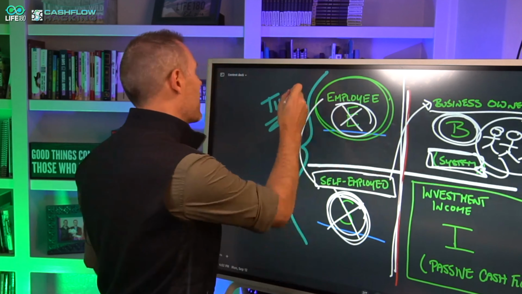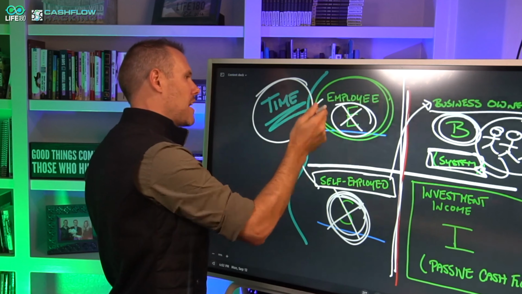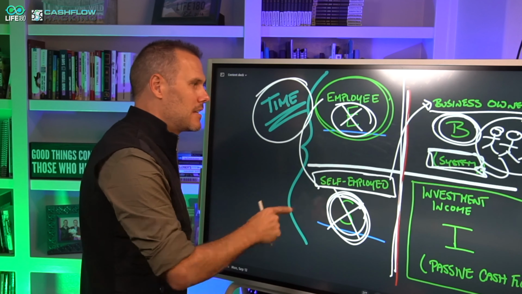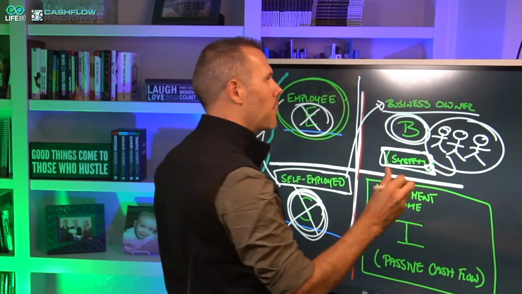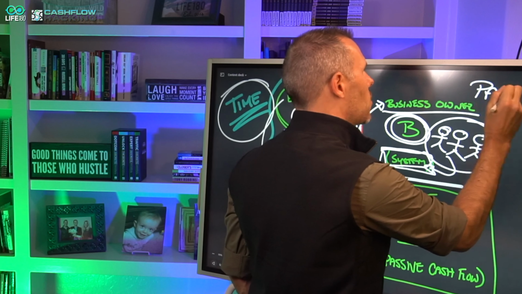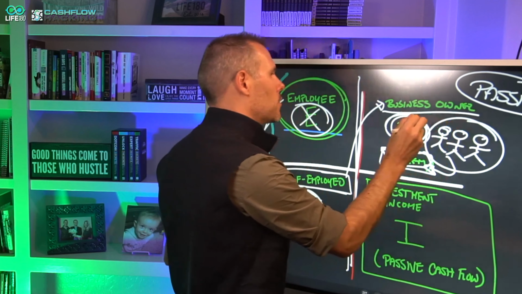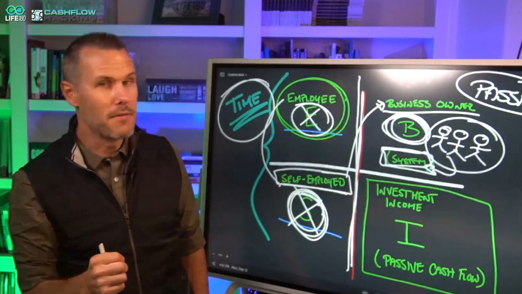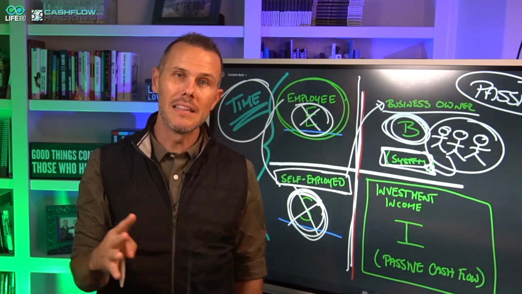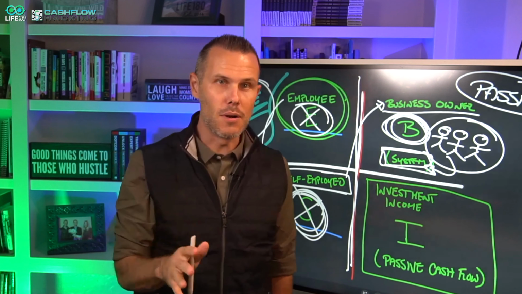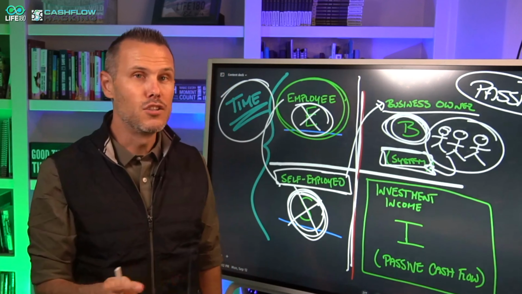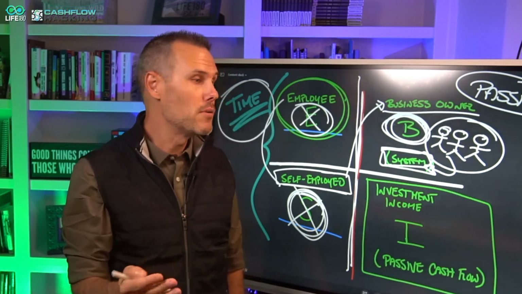So right here, on the left side of the equation, we have time as the trade-off for what we're doing. On the right side of the equation, it's totally passive, right? Now, full transparency, you're never going to be a business owner and have it be completely passive. Tony Robbins is a great example. He's got over 100 companies doing billions and billions of dollars in revenue every single year.